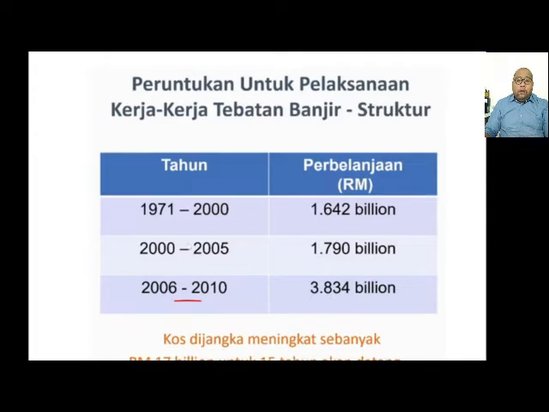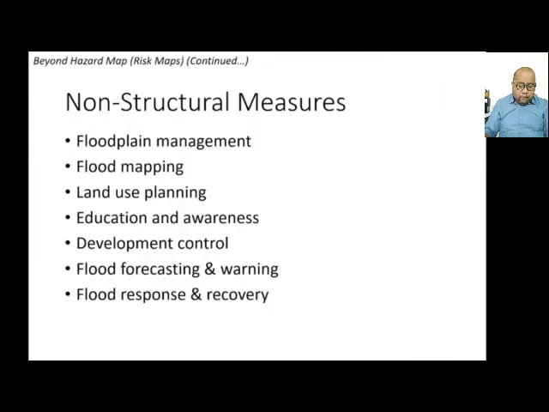So the costs have increased over time. That's why we have another measure, which is non-structural measures. We have floodplain management, flood mapping, land use mapping, education and awareness, development control, flood forecasting and warning, and flood response and recovery.